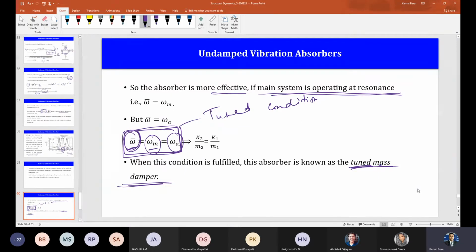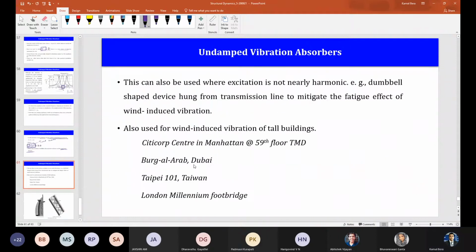And for wind loading, the system mainly vibrates in its first mode of oscillation. The contribution from the first mode is important. That's why for wind induced vibration control of a tall structure, the TMDs are quite effective. Then these are some of the examples I just talked about. That's all.